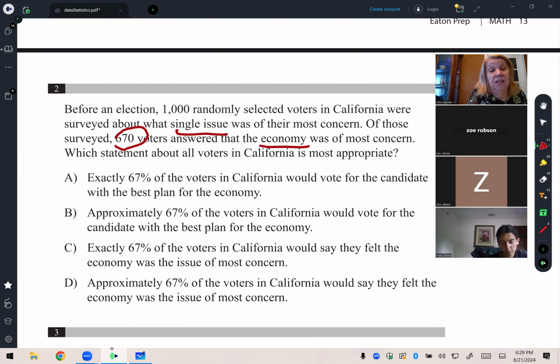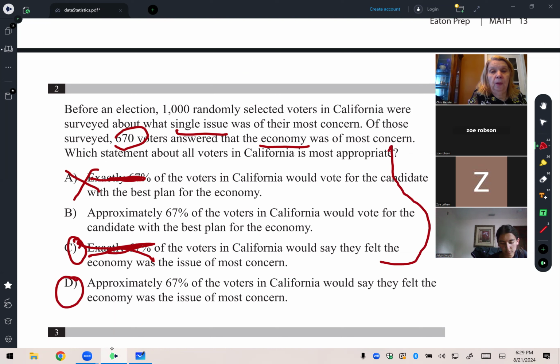So in statistics, we can never say exactly. So Robson probably learned that, right? No exact. You're only guesstimating, sort of. And so we want the paraphrase, which would be D, which matches. They thought the economy was of the most concern.